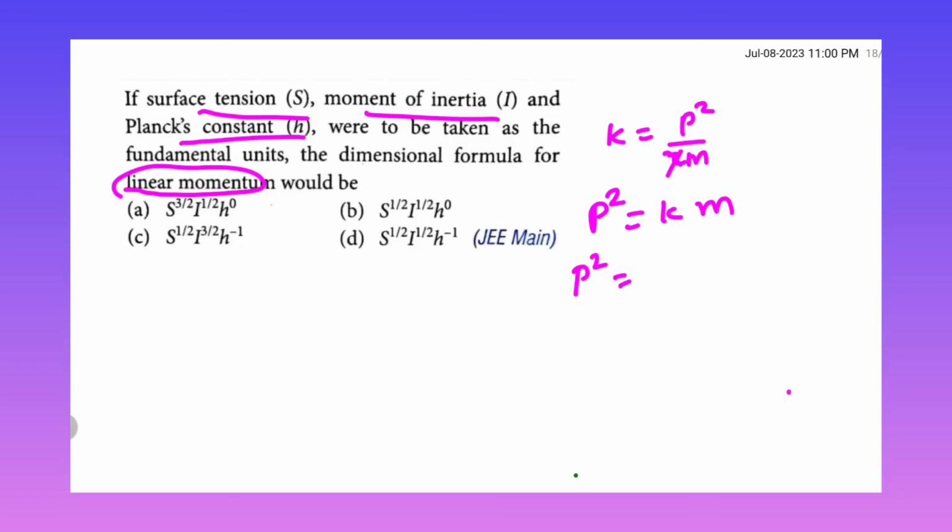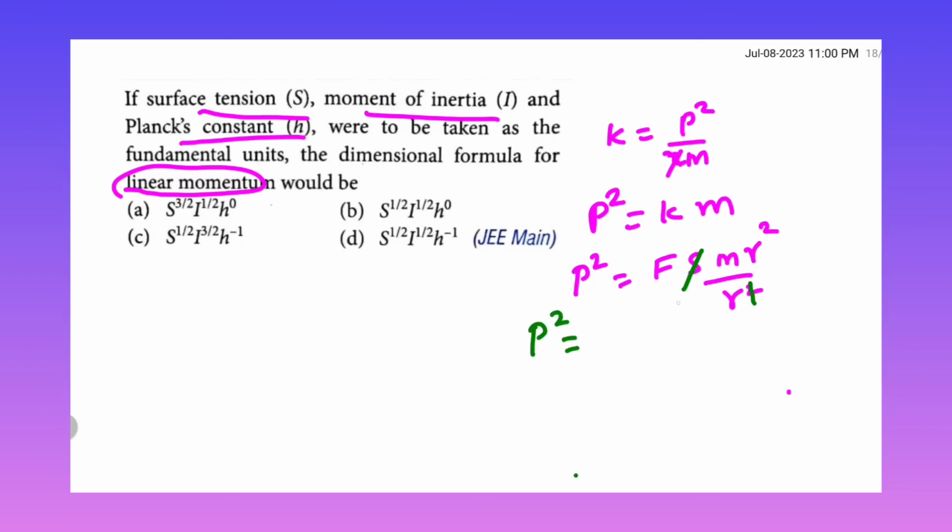So can we write kinetic energy as work done, which is force into displacement? Mass is there, you just multiply with r square and divide with r square. Why I am doing this, I'll tell you just now. You just see here, displacement and radius both have the same dimensions. Now let us see what is going to be left.